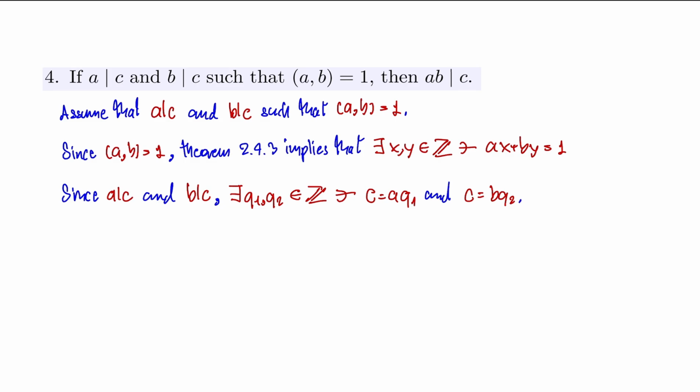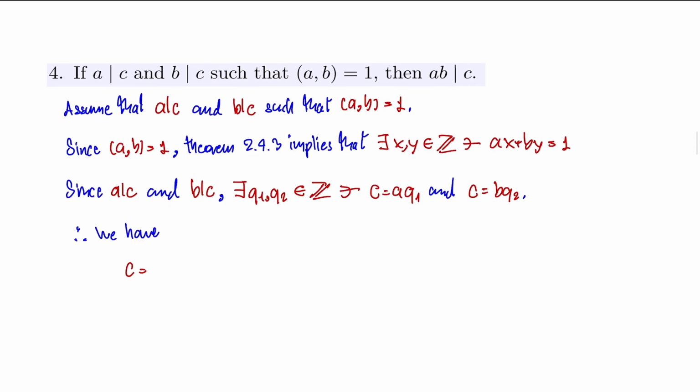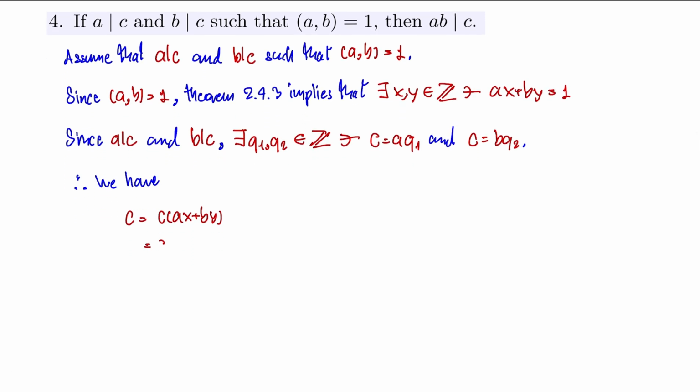Then we want to show that ab divides c. So what do we have next? We have c equal to c times (ax plus by), which is c times ax plus c times by.